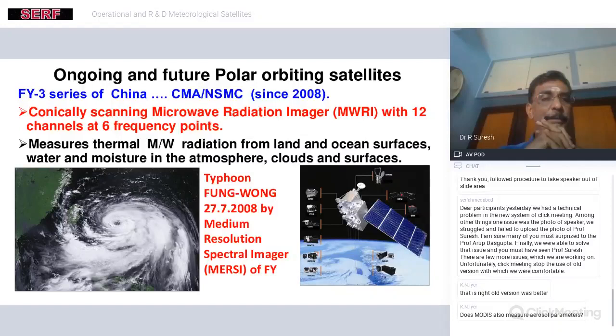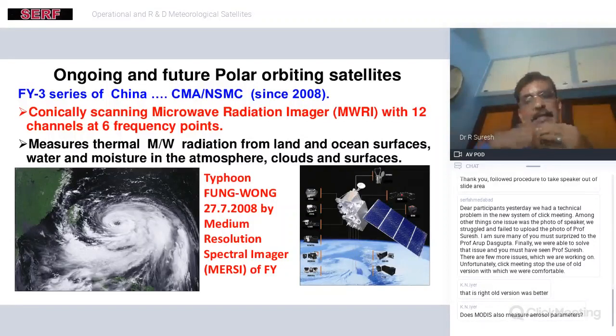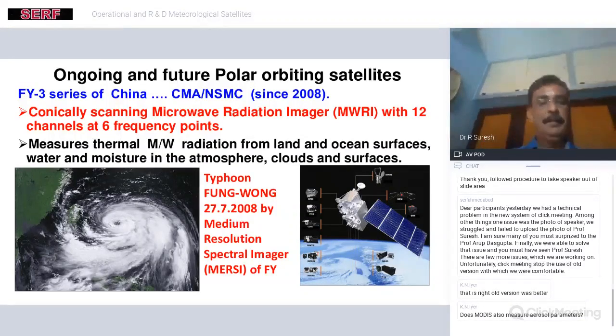Fengyun of China, they started launching right from 2008. Microwave radiation image at WI, it was at 6 frequency points. You can very well see the clarity of the cyclone on the left hand side. Very crisp.